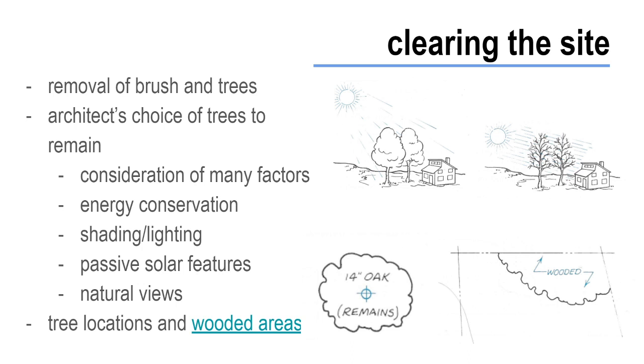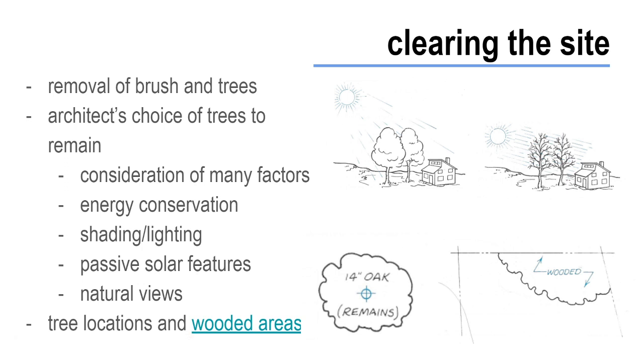For example, deciduous trees lose their leaves in the winter, and they can be used effectively to control solar energy hitting a house during warmer months, as we see here.